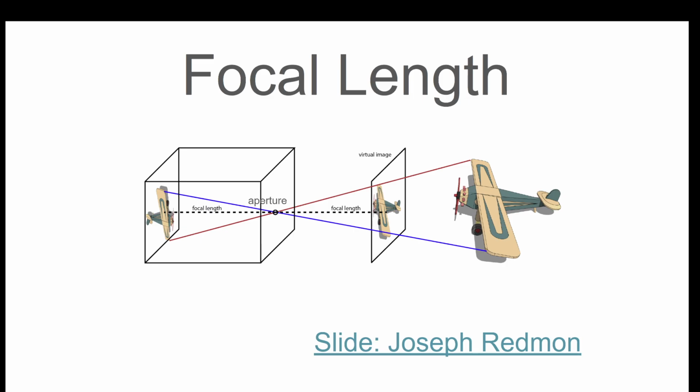Then as we push forward with a telephoto lens, a zoom lens, we're constraining the field of view, but allowing the focal length, the distance between our aperture and our image plane, to increase as well. No free lunch. As you increase that length, you're dialing in the field of view.